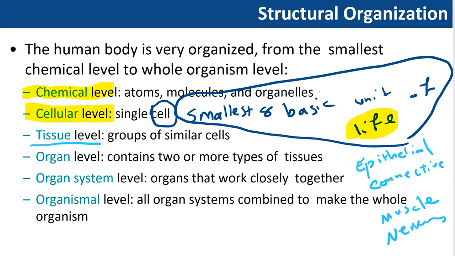For example, cartilage is a tissue, fat is a tissue, blood is a tissue. They are a group of similar cells that carry out a specific function together.